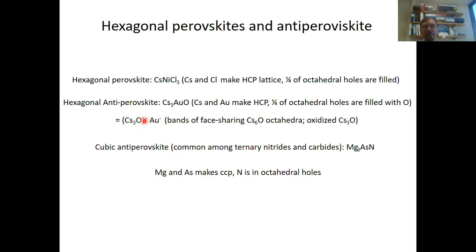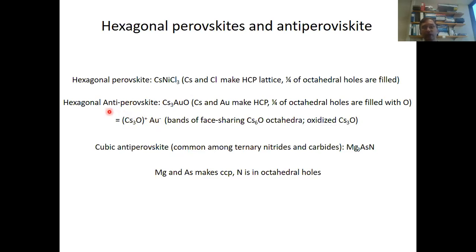So this is a fairly unusual electronic situation. It arises because of the extremely high electronegativity difference between the gold and cesium. Cesium is the most electropositive metal and gold is the most electronegative metal.